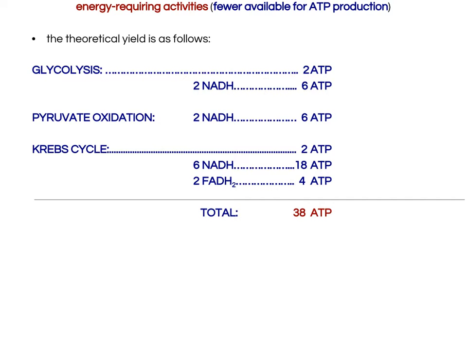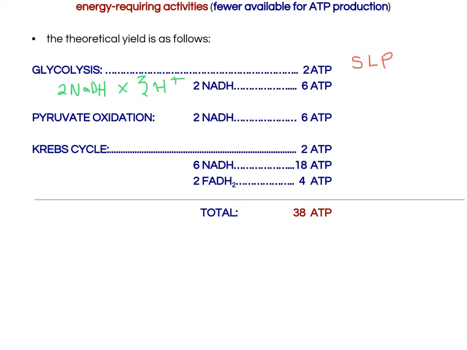All right, so let's take a look at this. First of all, glycolysis itself produces 2 ATP. You'll remember that we invested 2 ATP but got 4 out, so that's a net gain of 2 ATP, via substrate level phosphorylation. The 2 NADH produced during glycolysis are each pumping out 3 hydrogen ions into the intermembrane space.